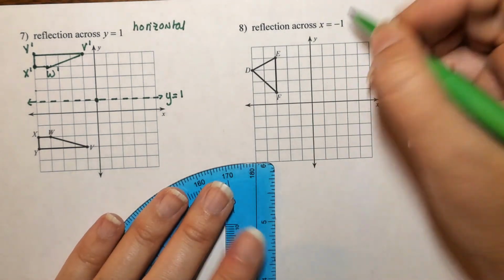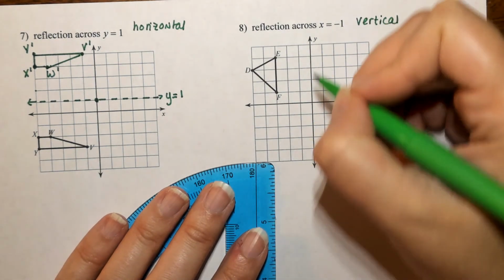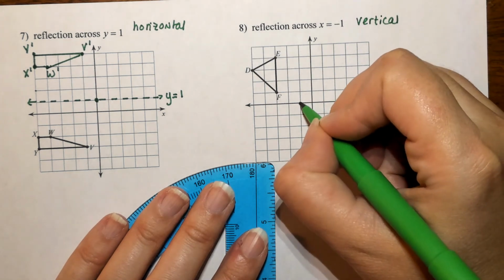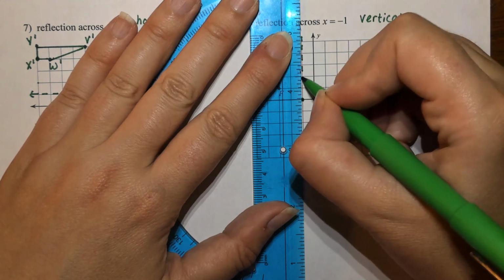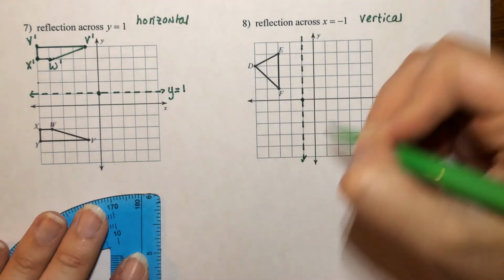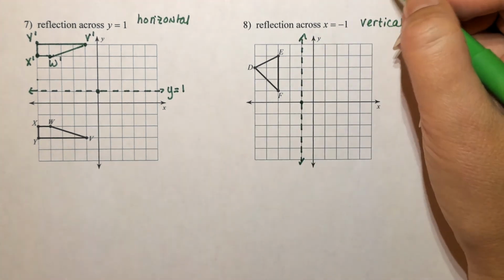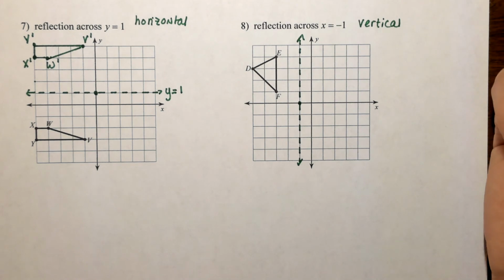Okay, so x equals -1 is vertical. So -1 is here for x. I'm bringing that learning back in from the previous chapter. Those horizontals and verticals are not going away. And now I'm going to count the boxes.